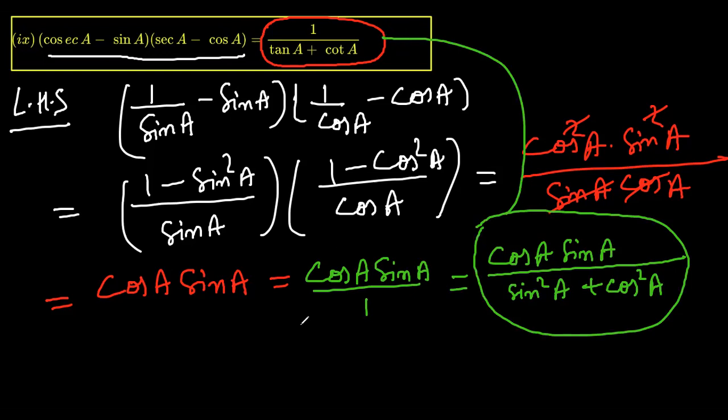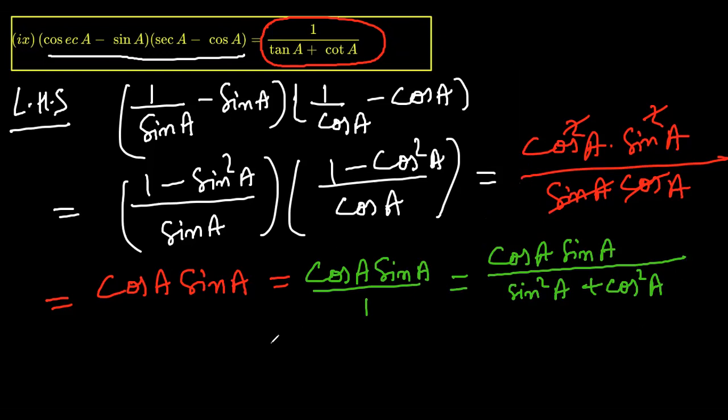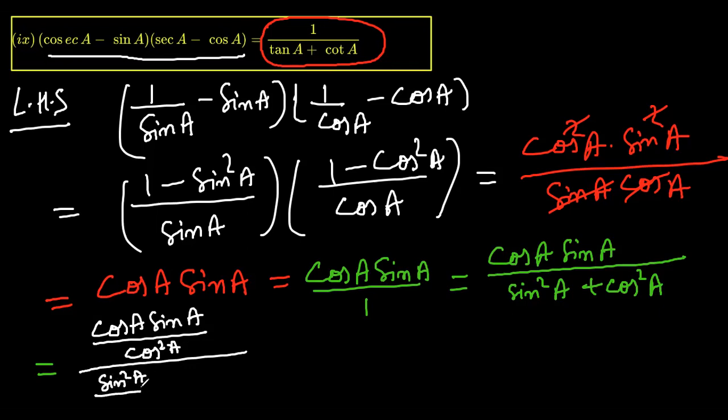So we are going to divide both numerator and denominator by cos square A. In the numerator we write cos A sin A divided by cos square A, and in the denominator also sin square A divided by cos square A plus cos square A divided by cos square A.